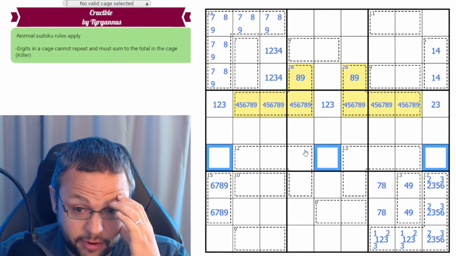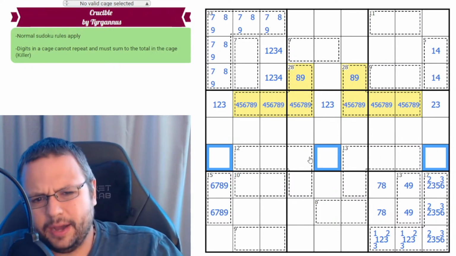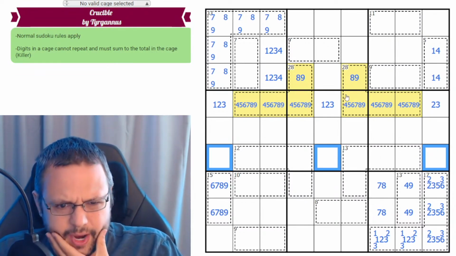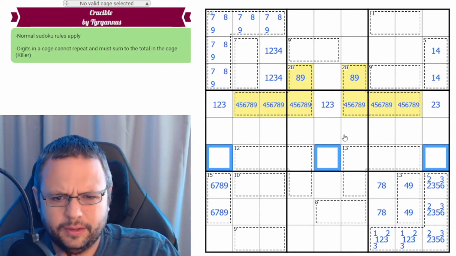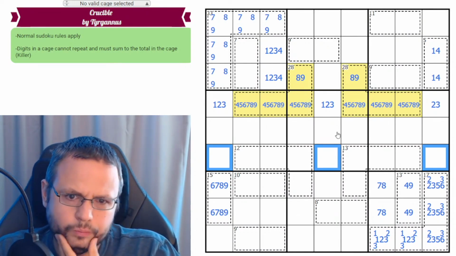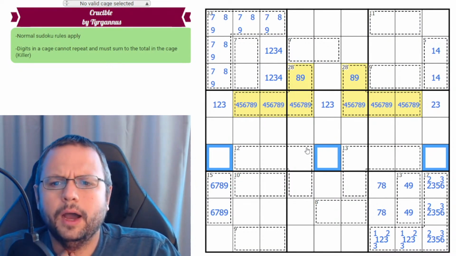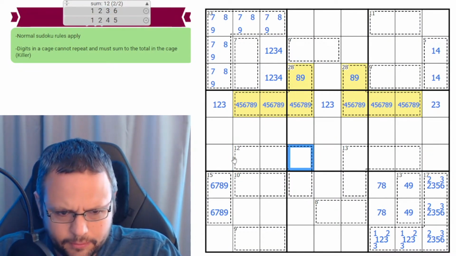I just know that 8 and 9 are in these 3 cells. So I don't quite get the same joy out of all of this that I could have. Okay, so never mind. We're going to reconnoiter that one.